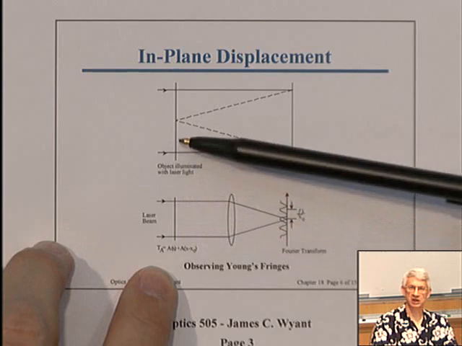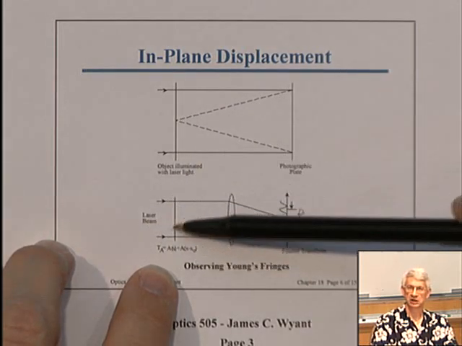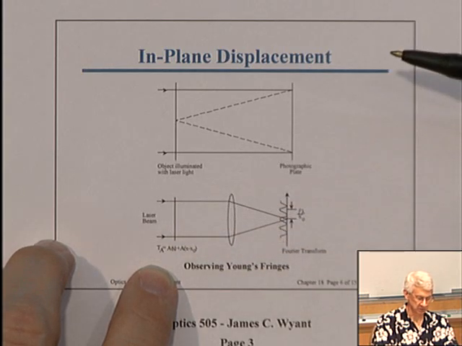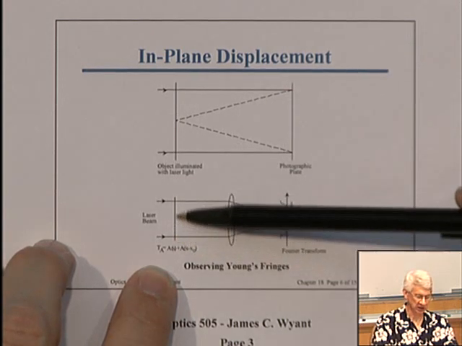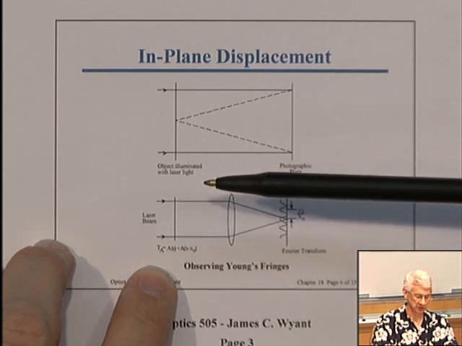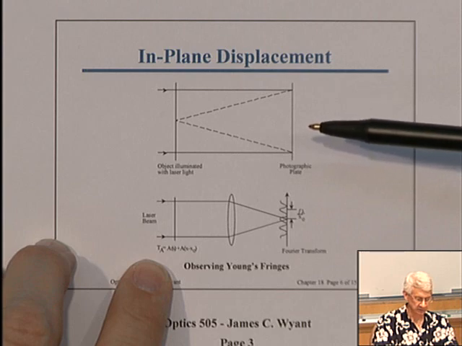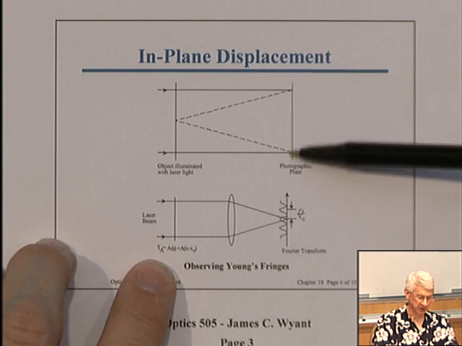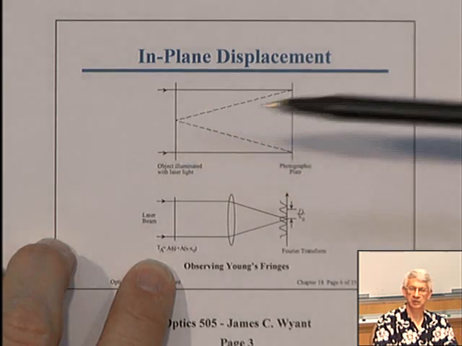So the idea is we take this rough surface, keeping the same reference wave, take the photographic plate, develop it, put it back, just like we had before. And now what we do is keep the same illumination wave.